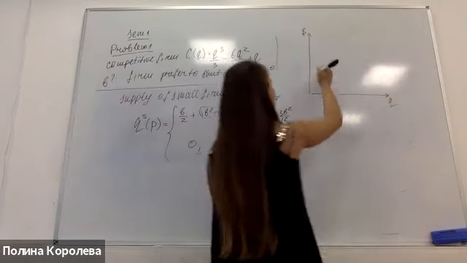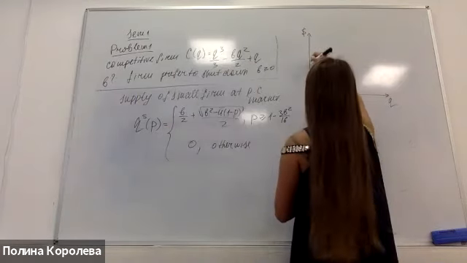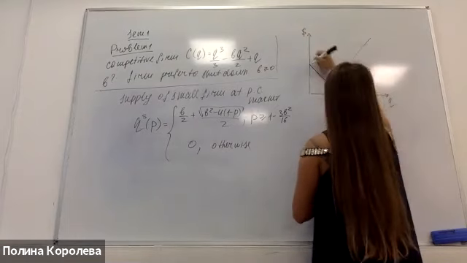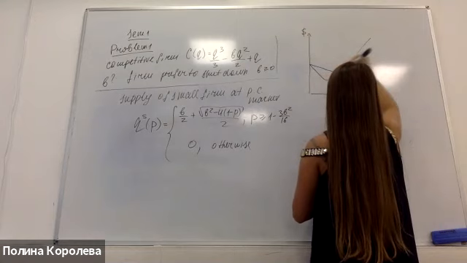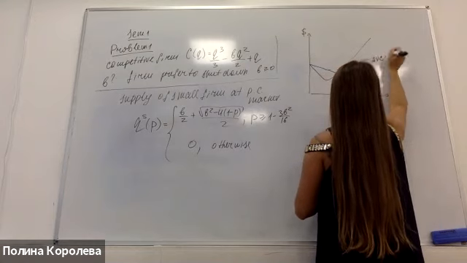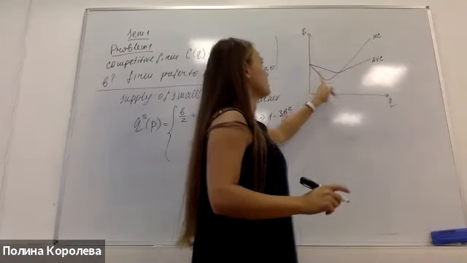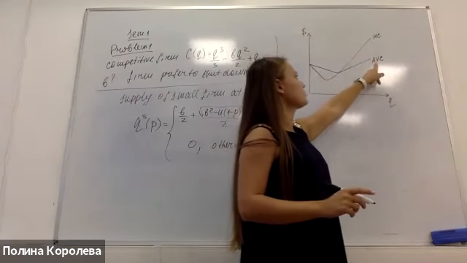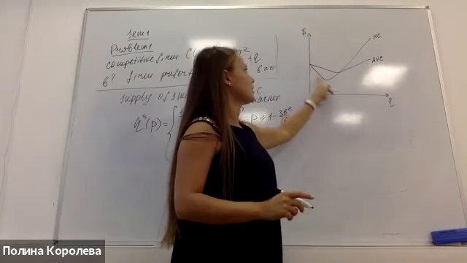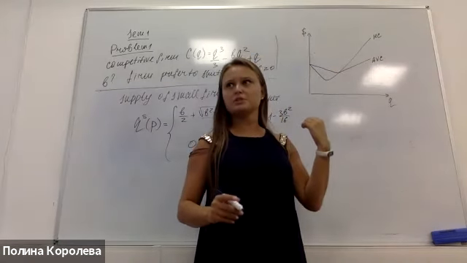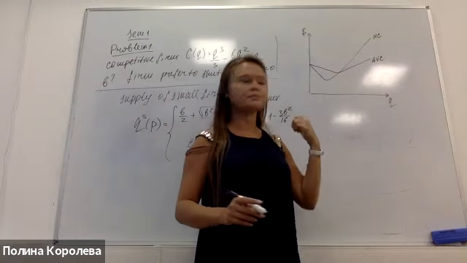So what we know, we will draw: marginal cost and average variable cost. I know that the marginal cost function and average variable cost function look like parabolas, because they are quadratic functions, yes, from the test.